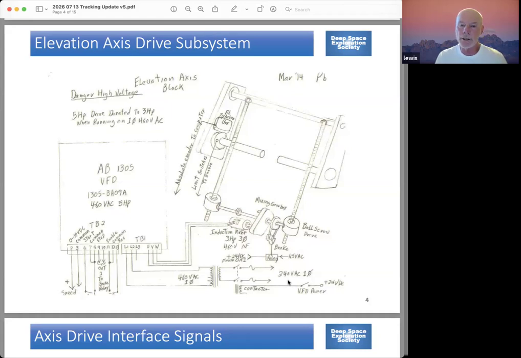And the contactor is controlled by the VFD enable signal, that switch controlled. So basically it switches 24 volts through the coil, and when it's energized, it will apply power to the VFD.